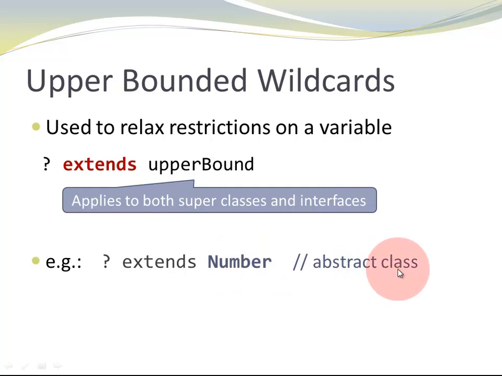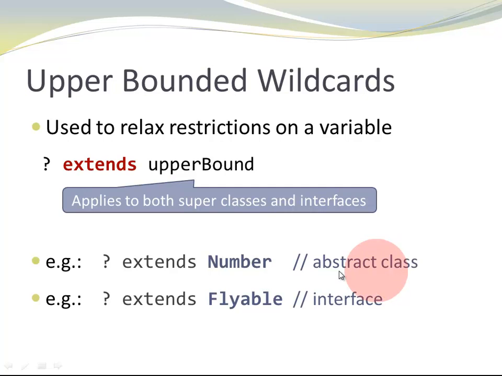Here we are talking about a class. Extends could also apply to an interface. I could say I have an unknown type that extends Flyable. Now this unknown type could be Flyable or a class that implements Flyable or a class that derives from a class that implemented Flyable.